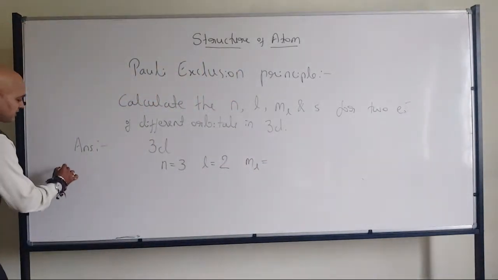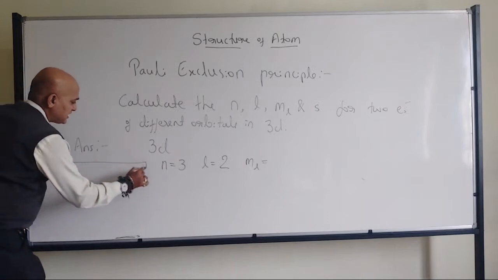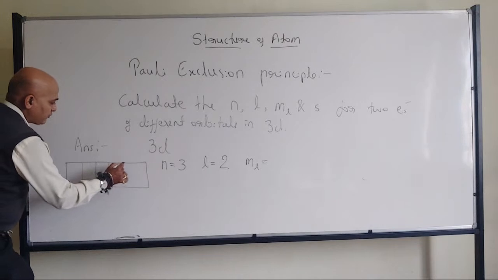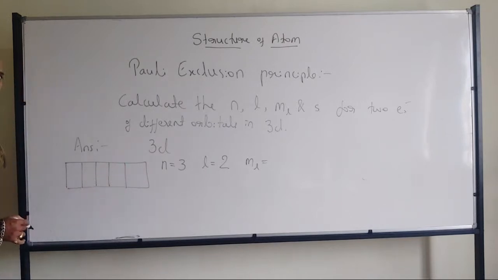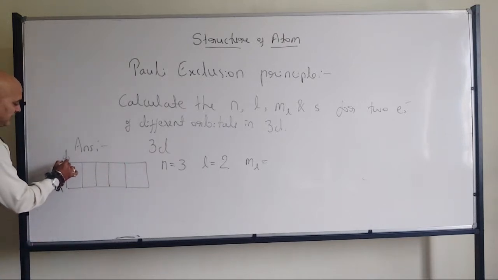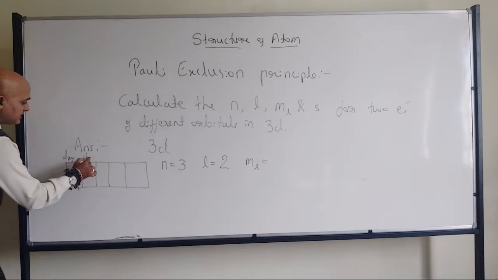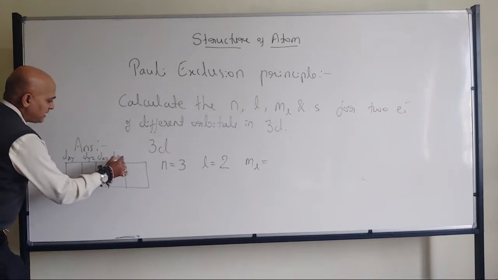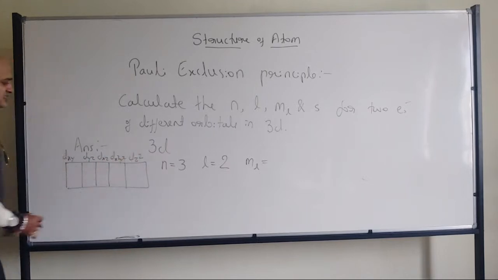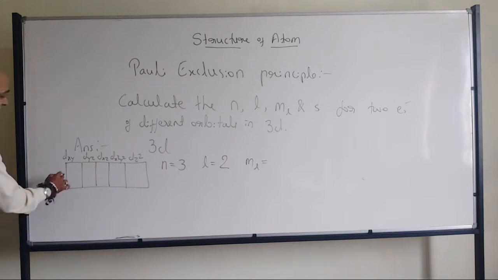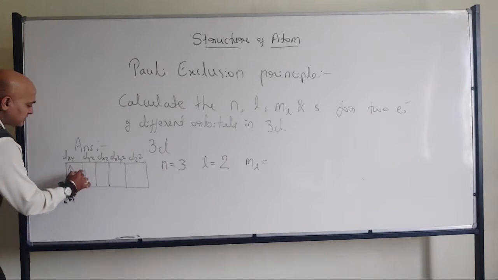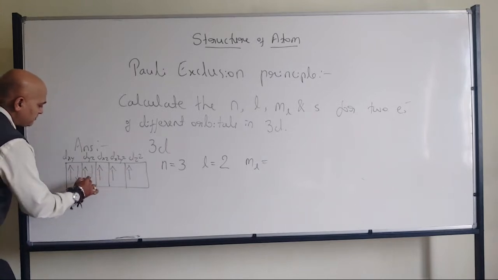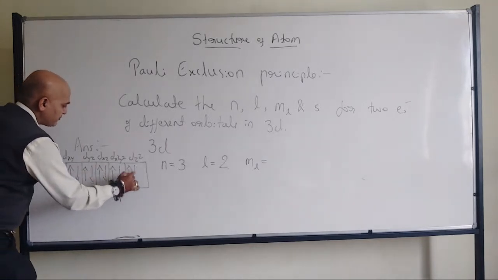value? When I am talking about the d subshell, how many orbitals do we have? Total 5 orbitals, right? So that can be dxy, dyz, dxz, dx square minus y square and dz square. Now we will imagine these orbitals are completely filled.